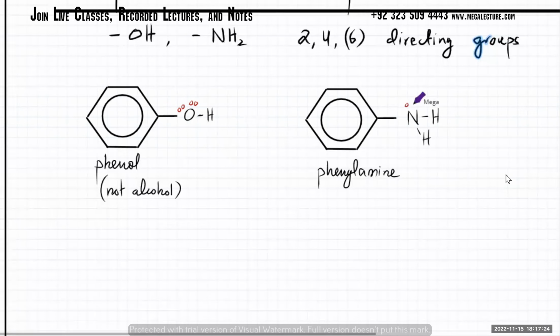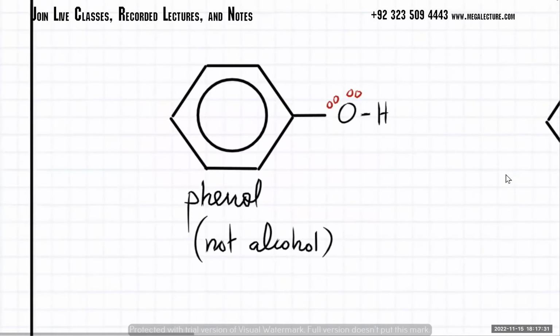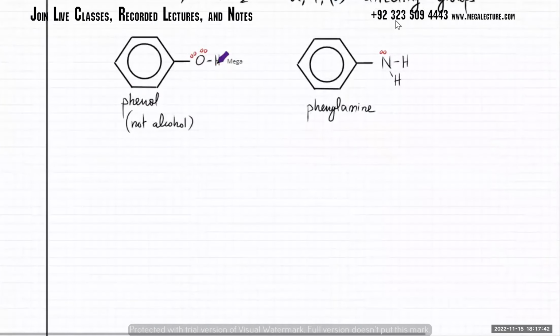N also has lone pairs. There's a lot of spare negative charge. What happens is कि फिनॉल के अंदर भी the electrons start overlapping with benzene's electron cloud.